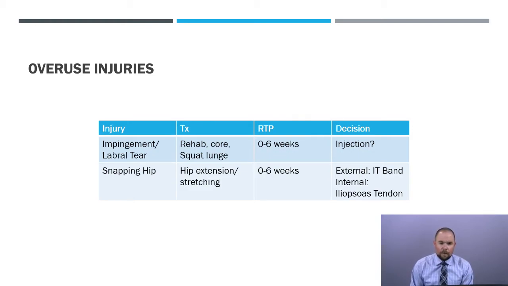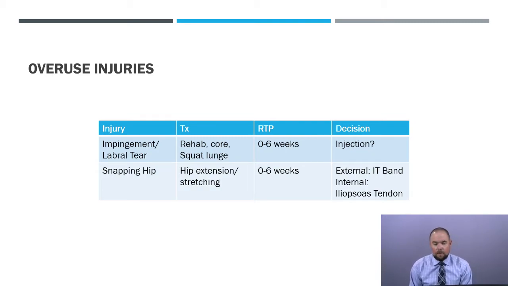Typically, as far as the injection goes, I'd send them down to have that done under fluoroscopic guidance, and then I ask the patient to keep a diary of their pain, basically immediately following the injection. I see them back typically 2 to 3 weeks after the injection to see how they are doing, and have them keep a journal on how their pain feels each day until I see them back.